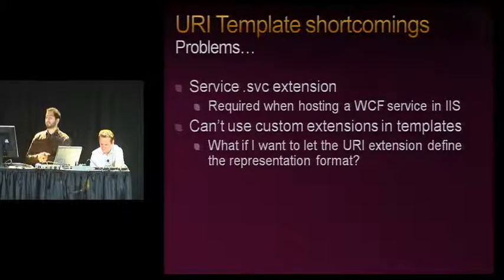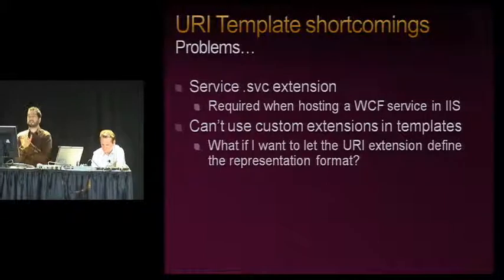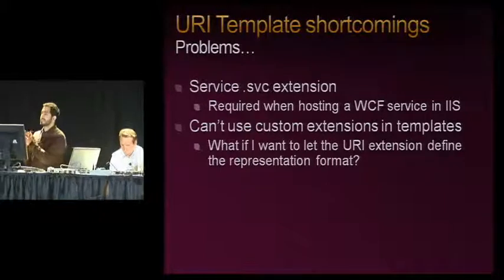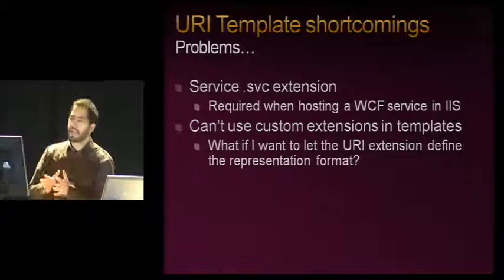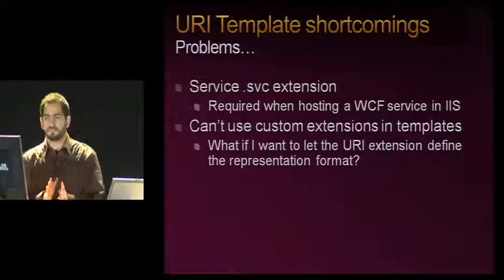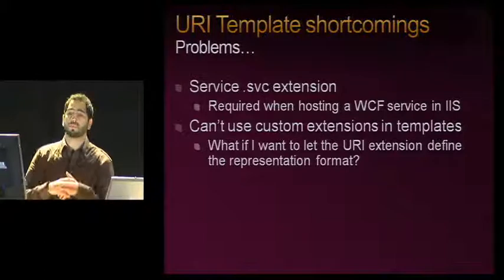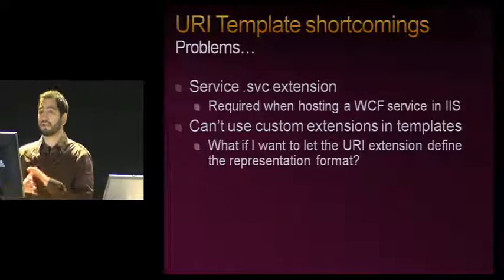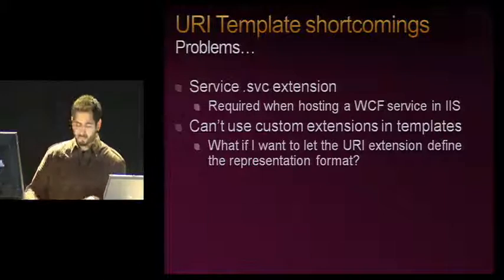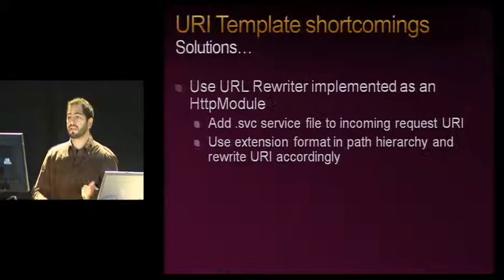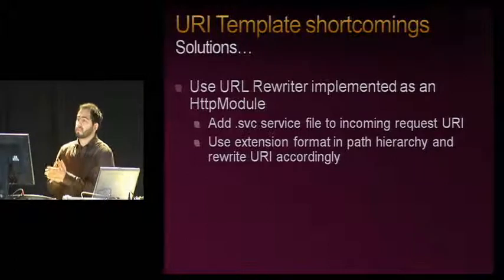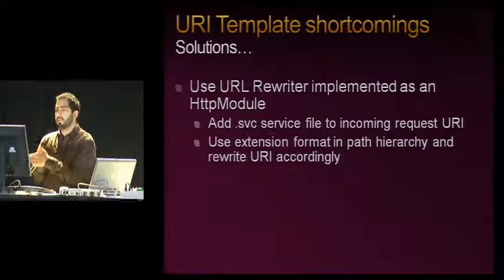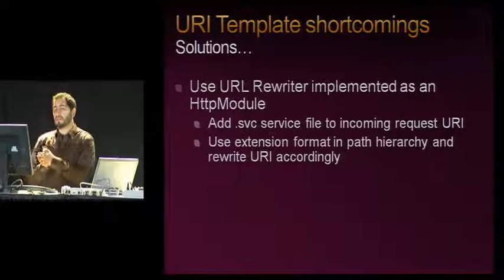The other thing I alluded to before is the extensions. We wanted the ability to type in extensions into the URI and not to have to worry about URL rewriting and all these other painful things, especially if we're developing with earlier versions of IIS. But we found a workaround for this. With IIS 7, it's really cool because importing an HTTP module is very easy.